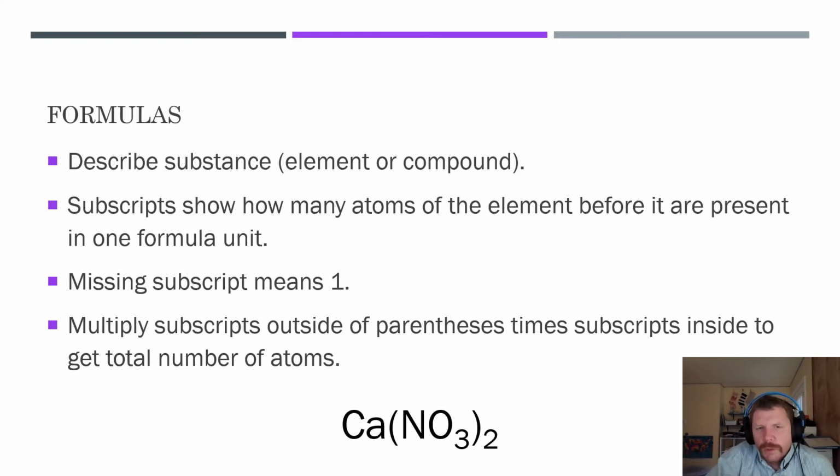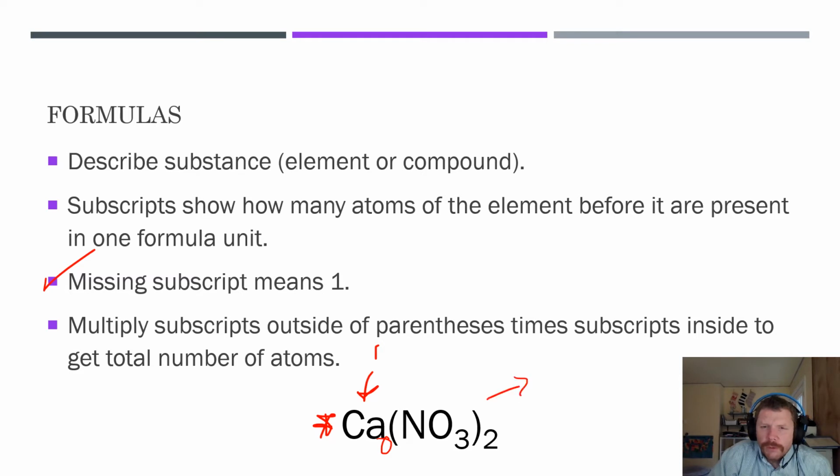So if we look at this one down here, Ca(NO3)2, we've got all of these things at play. First of all, this is going to show us we have no subscript for calcium, which implies that there is 1 calcium. Okay, so check mark there. Next, we're going to multiply the subscripts outside of the parenthesis times the subscripts inside to get the total number of atoms.